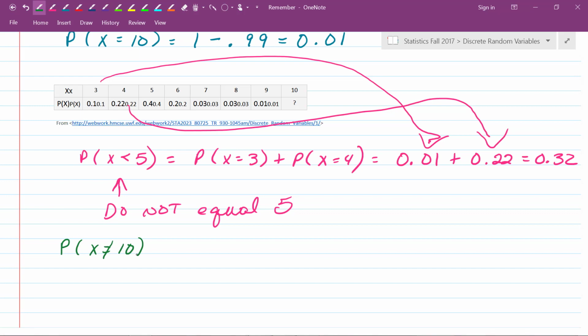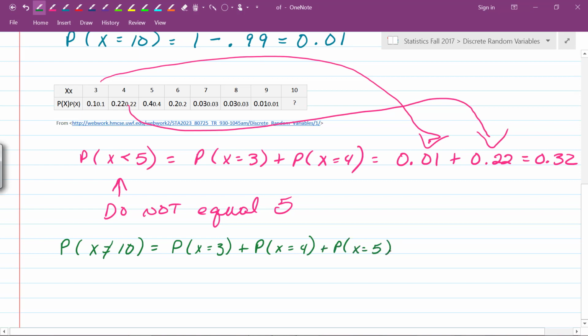So the probability of it not being a 10-room unit is equal to the probability that x equals 3 plus the probability that x equals 4 plus 5 plus 6 plus 7 plus 8 plus the probability that x equals 9. Okay, that's one way of doing it, and you could add all of those probabilities up.